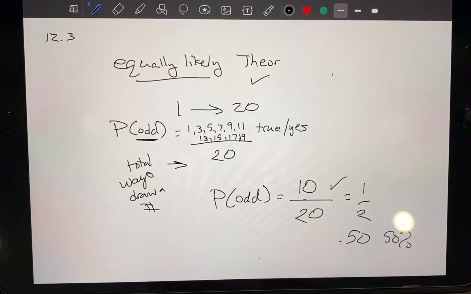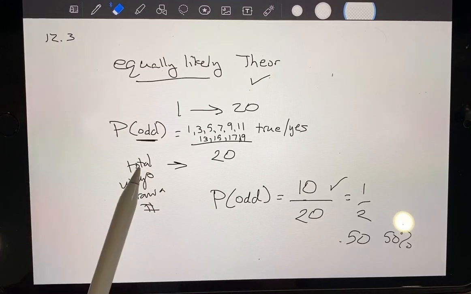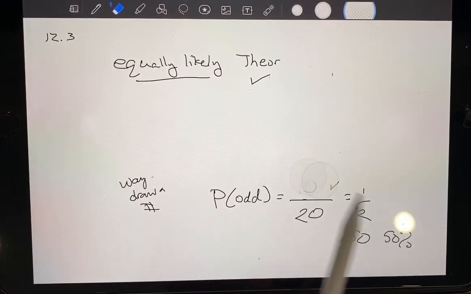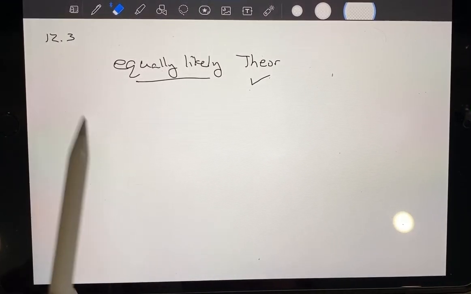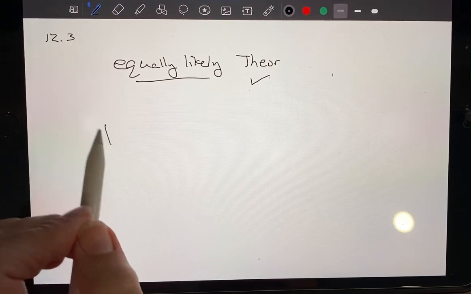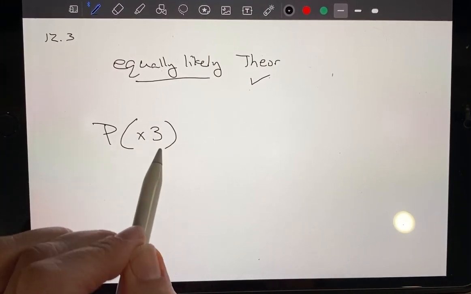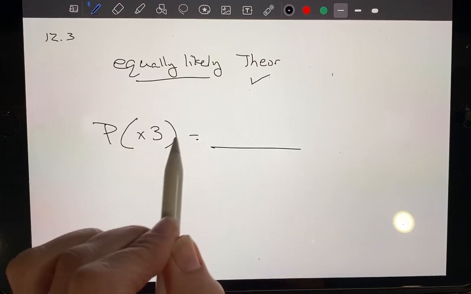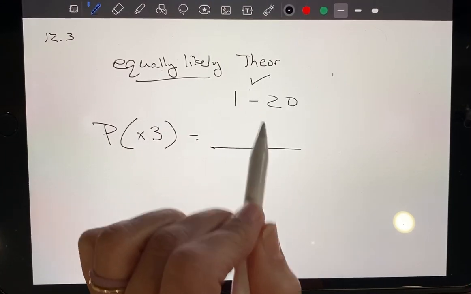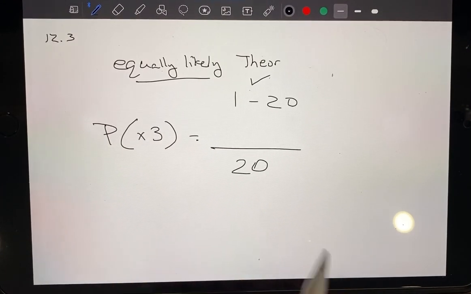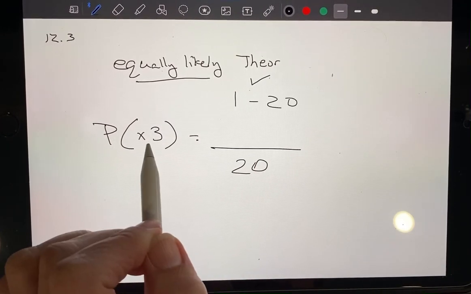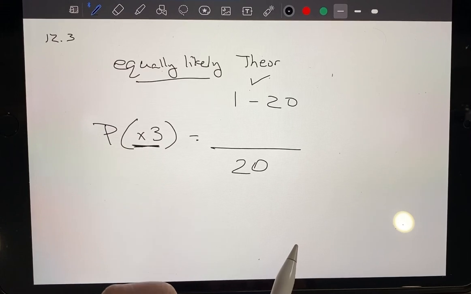Now, number 16 asks, what is the probability that you draw a multiple of 3? So if we're looking at a multiple of 3, we know we still have our numbers 1 through 20. So I have 20 ways that I can pick a number. What ways can I make a multiple of 3 true?